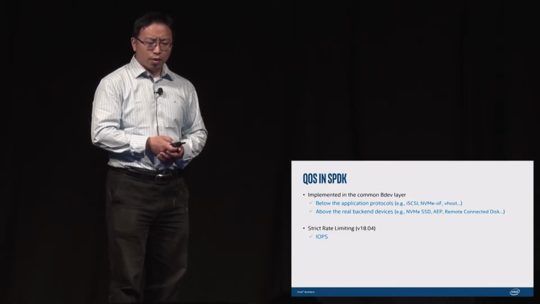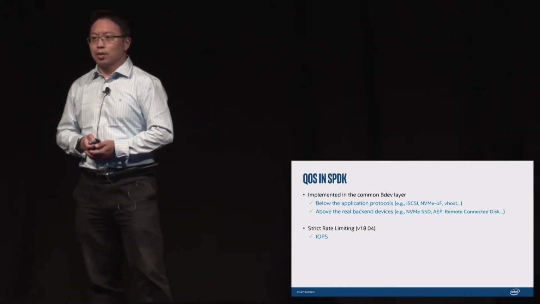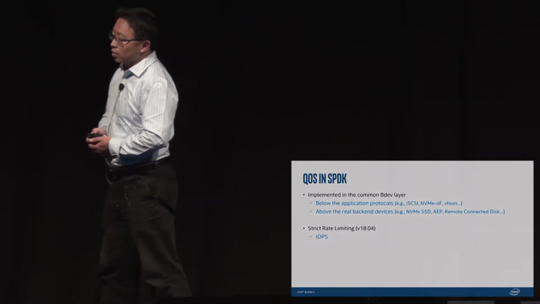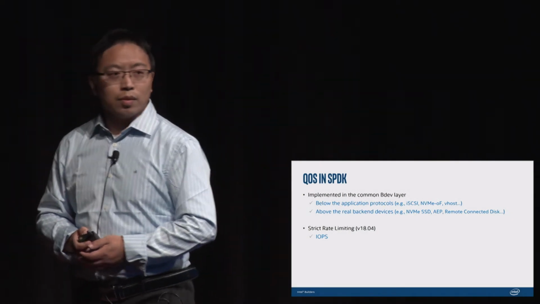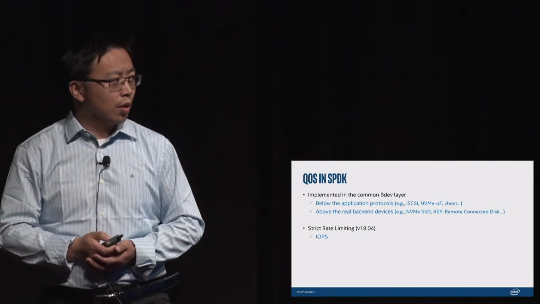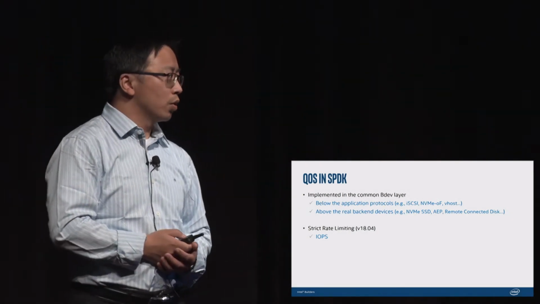So as I mentioned, yesterday we talked quite a lot about the Bdev layer, and the QoS is implemented upon this layer, and to re-emphasize, it's below the application protocols. So we don't need to care about how the application is talking to the SPDK stack, either through iSCSI or the NVMe-oF fabric or other protocols, even in the future when we support more protocols.